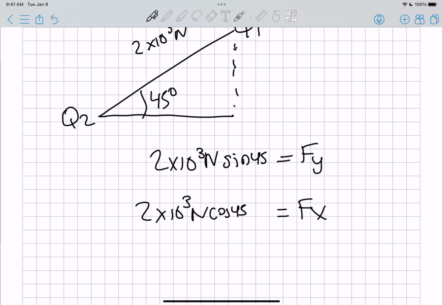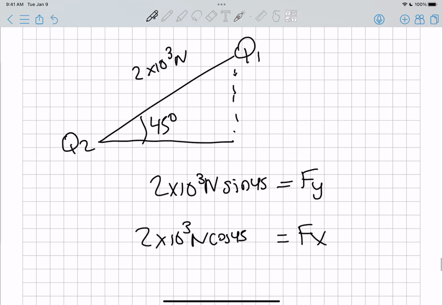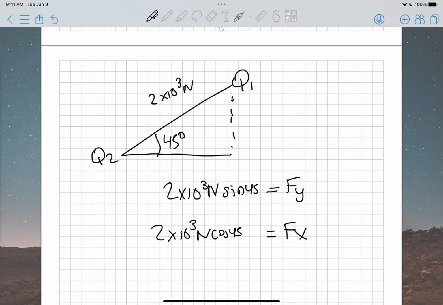Is that kind of what you were asking, or is that a little bit different? That's honestly what I'm thinking the TA meant, that if you were given the force and you wanted to find the components, then you just multiply by the trig function. Yeah, I'm looking at quiz 7 right now.